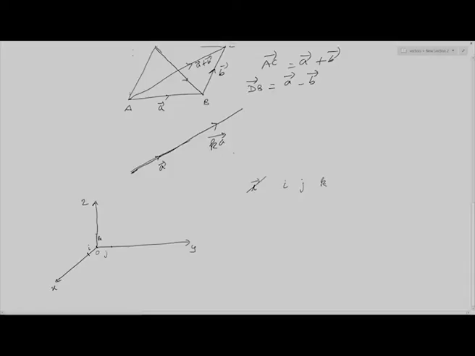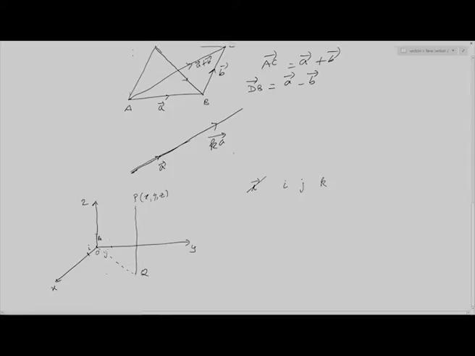Now if I take any point P, let us say P is the point x, y, z. The x, y, z are the components of the point, with the understanding that if I project it on the xy plane, the projection point is Q, and we consider the vectors OQ and OP.